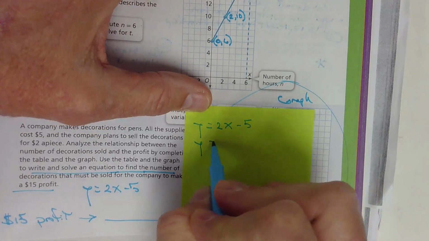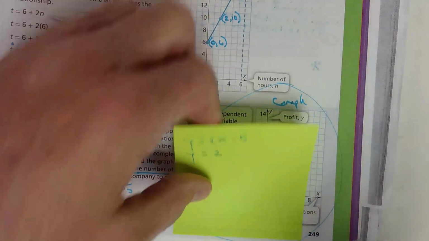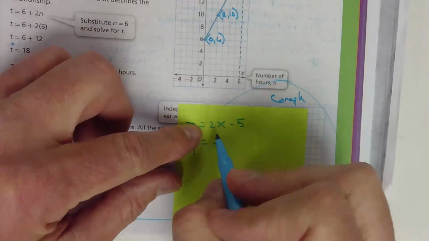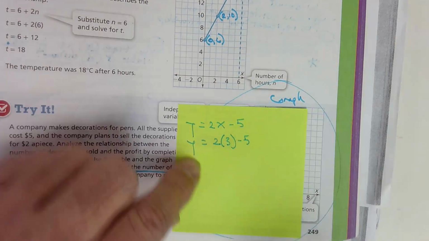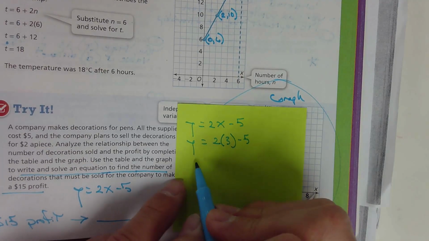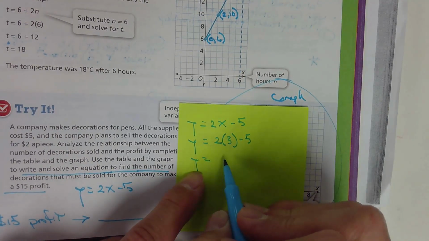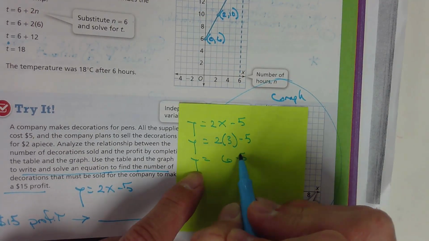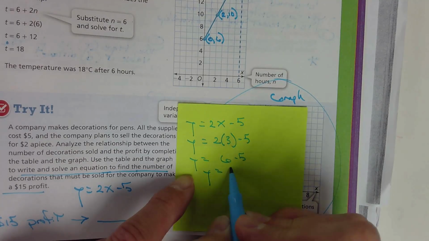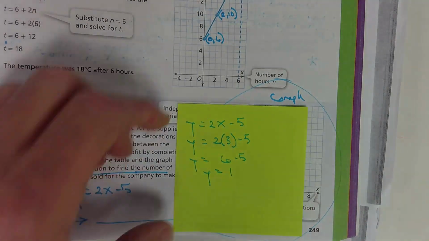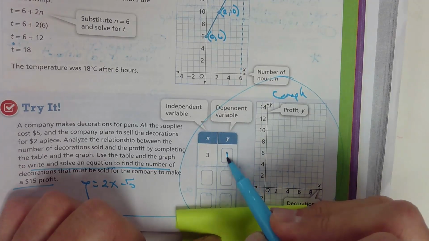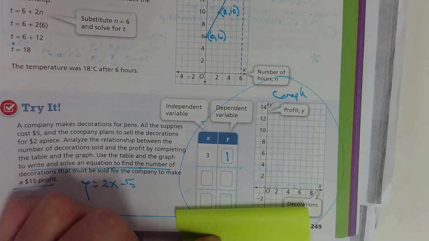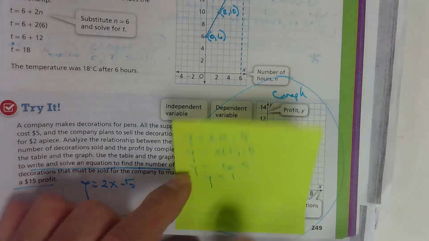So y equals 2 times what? 3 minus 5. What's 2 times 3? 6. What's 6 minus 5? Y equals 1. So I go back to my chart here. If x is 3, y is 1.